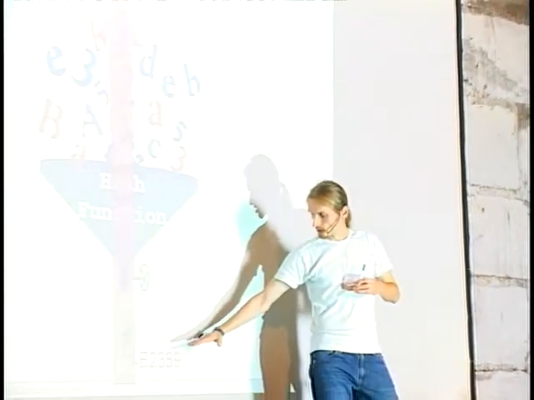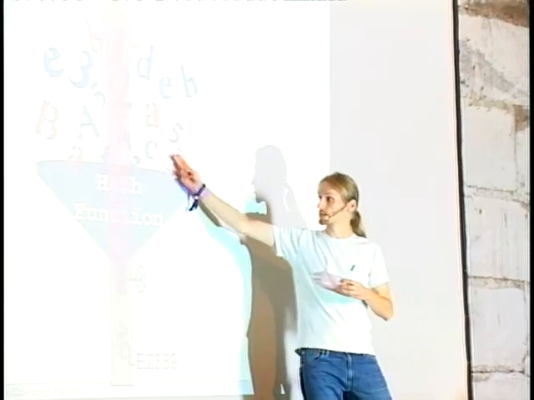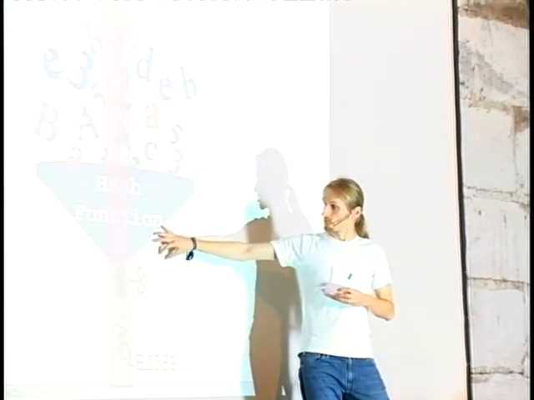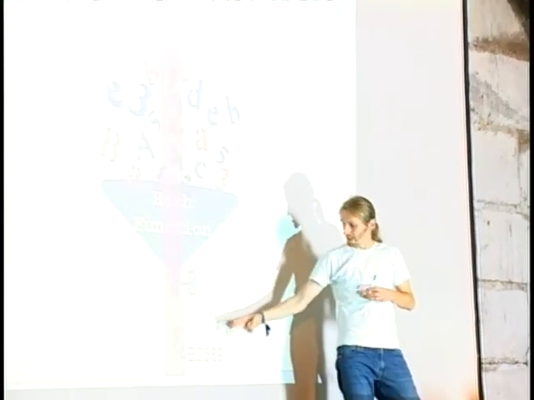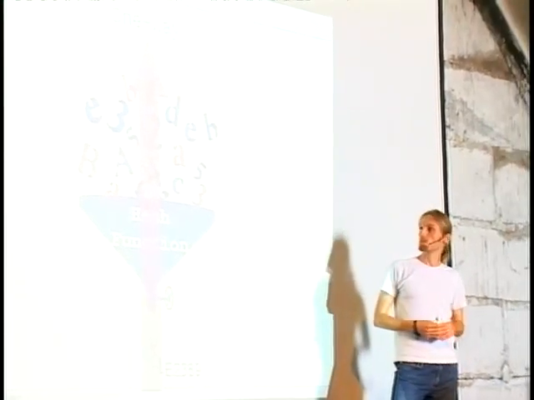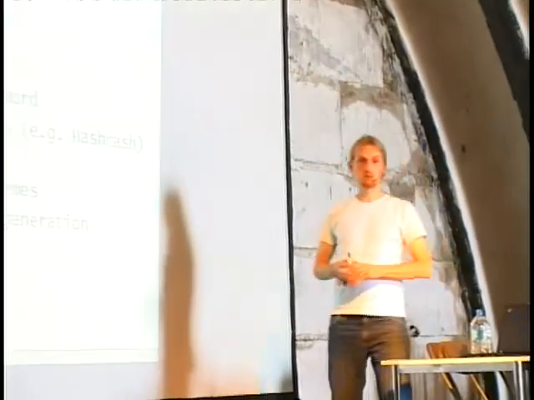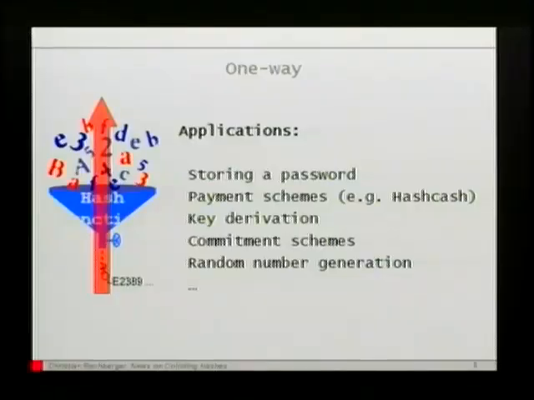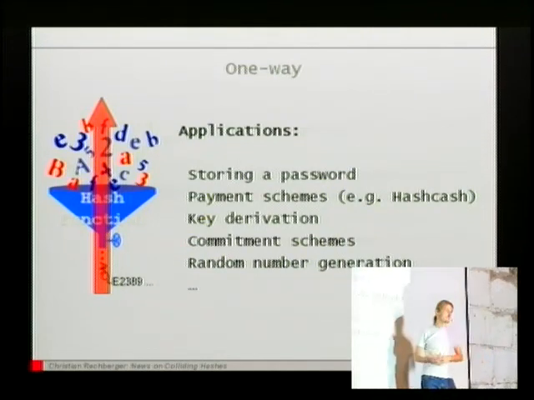Given a hash value, it should be computationally infeasible to find an input such that, fed into the hash function, results in this given output. Many applications rely on this difficulty. For example, if a hash function is used to store a password, we don't want to have an algorithm which allows to somehow reconstruct the password given the hash of it.